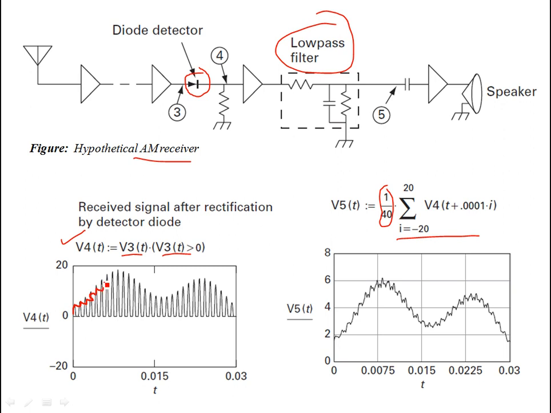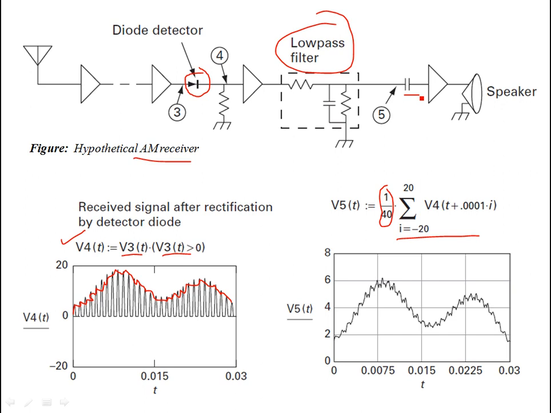This trend continues, so you have some variations like this. It's not very smooth, but it's an averaging operator, and that's how you are recovering the signal at the output.